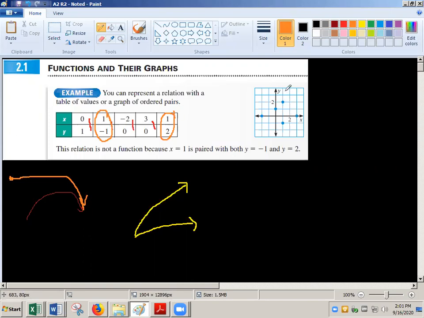And what that looks like on the graph is this little bit right here. So when we look at this, we say it does not pass the vertical line test, right? This is one missile, two targets. This is the thing that we cannot have. So this is not a function because this x value of 1 is paired up to two y values, both -1 and 2.